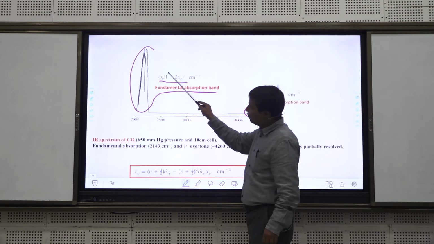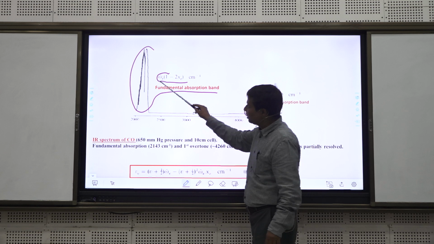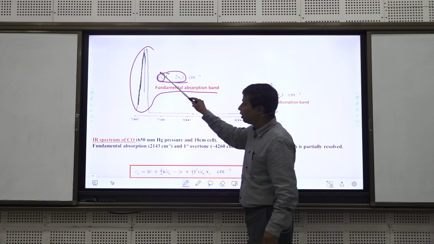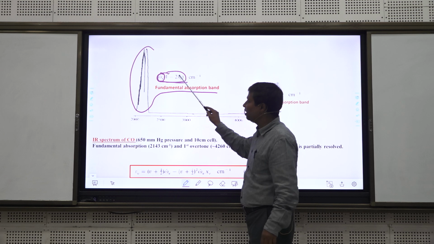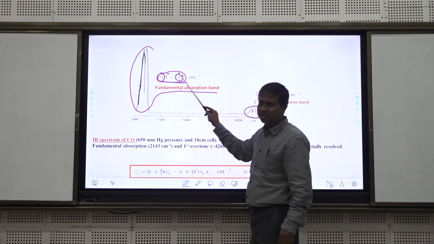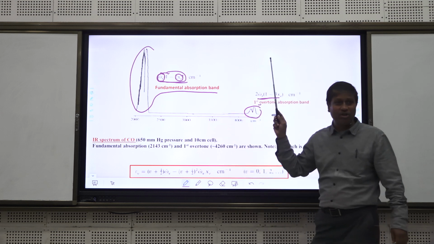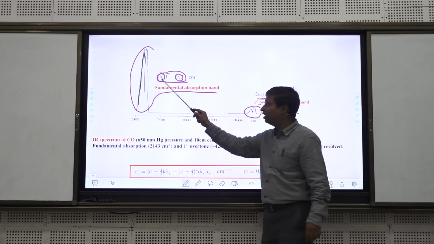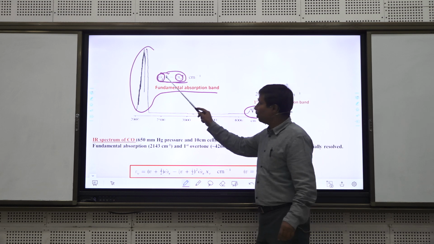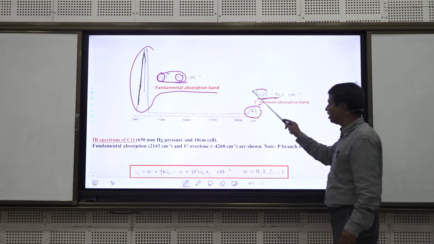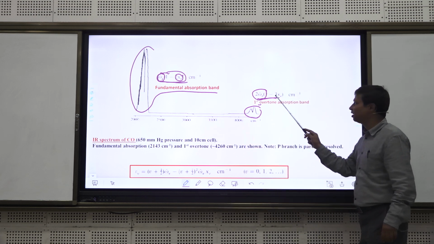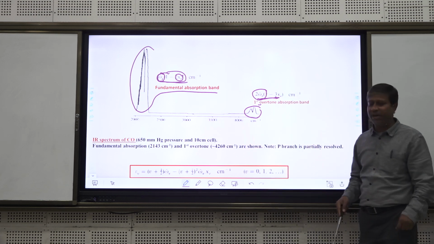If you look carefully, this expression contains the oscillation frequency minus twice Xe. Xe is a very small quantity, you have seen that, 0.01. On the other hand, this one is in the 1000s. And where the first overtone comes, it is double of omega e minus some amount.